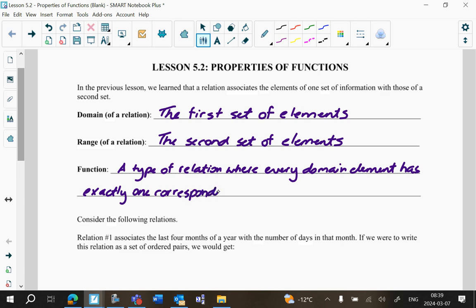What that means, and this is probably a better way for you to remember it, is domain elements never repeat. They don't appear more than once. Okay?